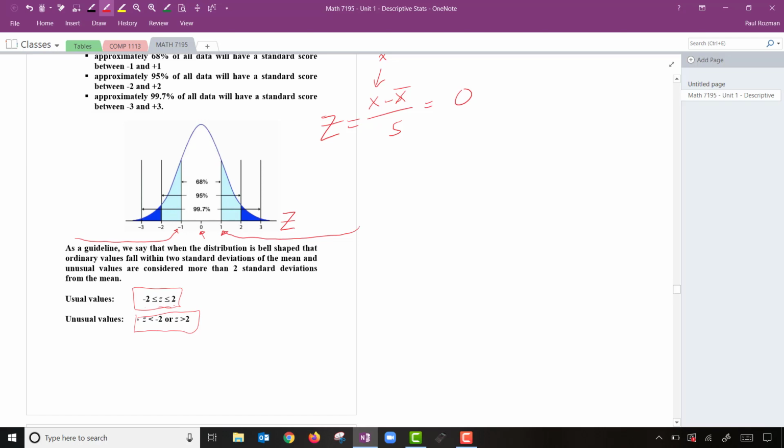This is mostly because we can only really apply this when we know we have something that has a bell shape. When we don't have a bell shape, I think we should extend these values out.